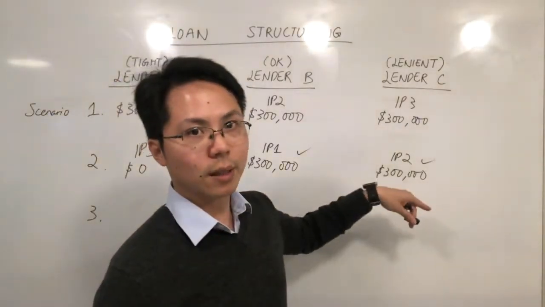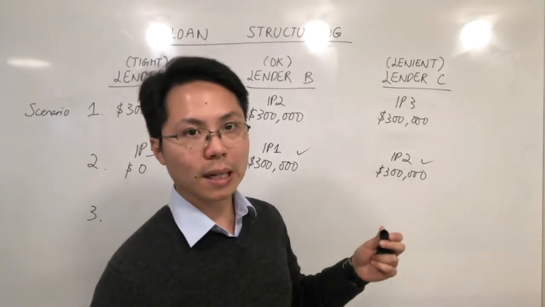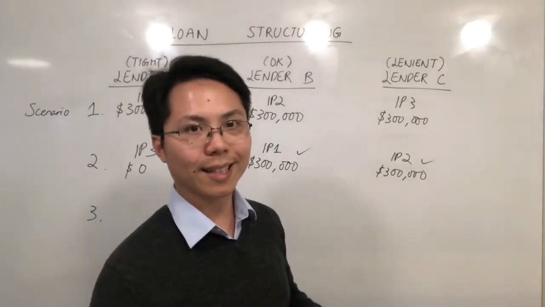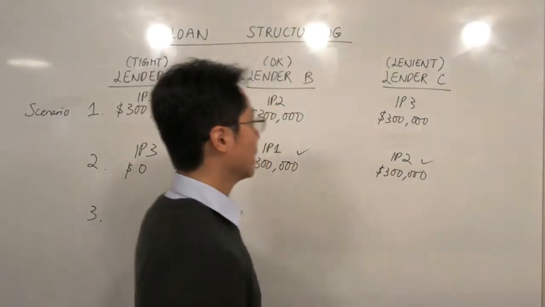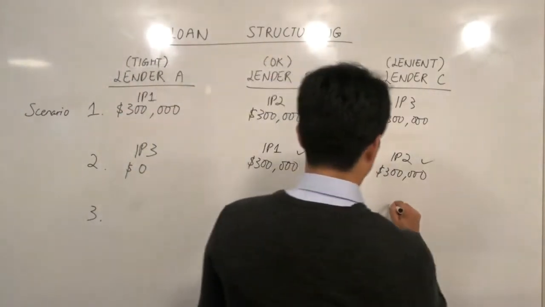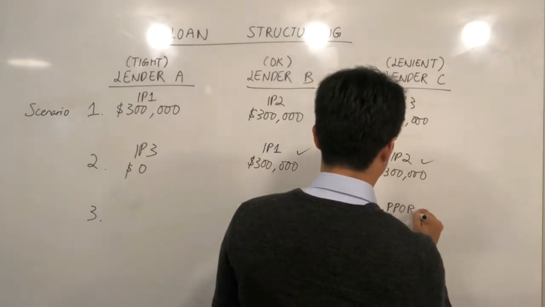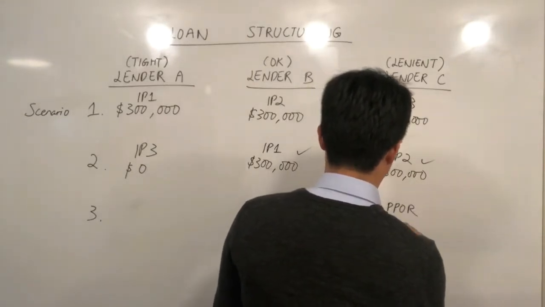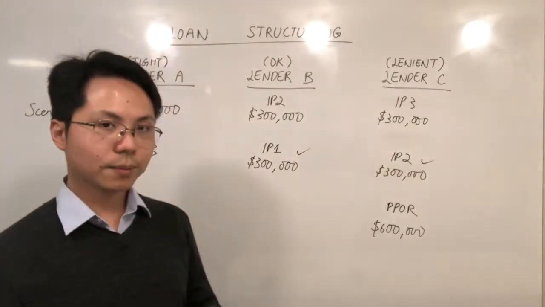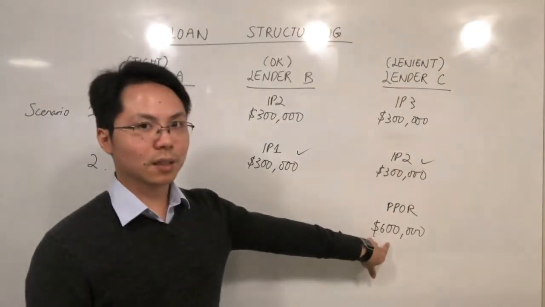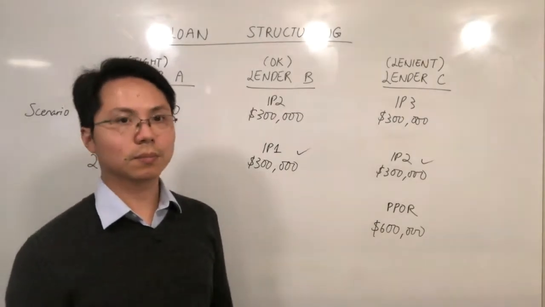Assuming that you don't want to see a mortgage broker because you checked an online calculator and found, okay, well, I can borrow $600,000 with one of the lenders who's most lenient. So let's assume you borrow $600,000 for your own home with lender C, okay? Not looking to invest, that's fine.